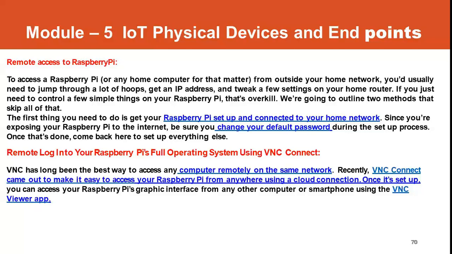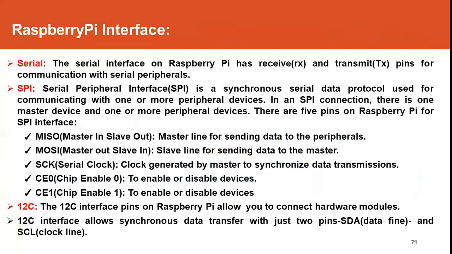Which means all the things that are required to push the data to the cloud are taken care of by the VNC Viewer app. So that was about the integration of the temperature sensor and how we can connect it to the cloud using the VNC app.